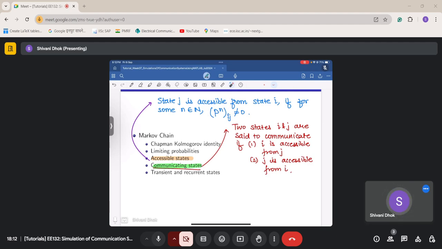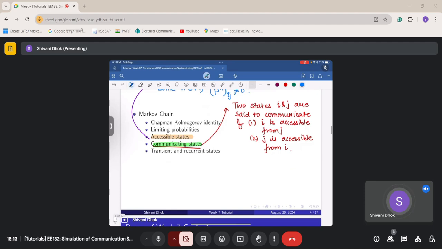If suppose p_ij is non-zero as well as p_ji is non-zero, then we can go from state j to state i, and also from state i to state j. So i and j should be accessible from each other. If that is happening, then the two states are said to communicate.